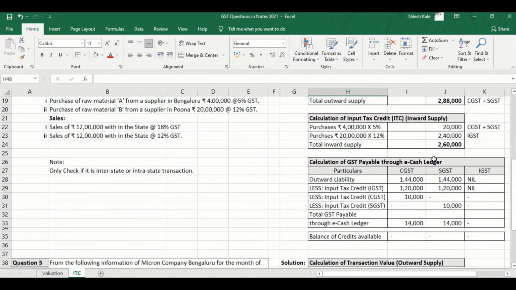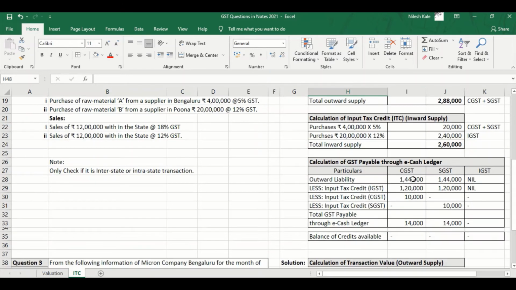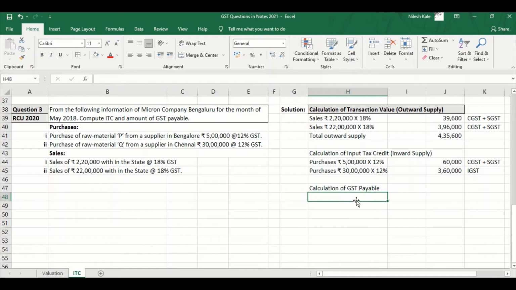This is what we had done in the previous class also. This is inward supply, that is ITC. This is what we are going to take, and this outward supply, outward minus inward, will be your GST payable, right? And there is a manner. First IGST will have to be used, then CGST, then SGST, right? That's all.